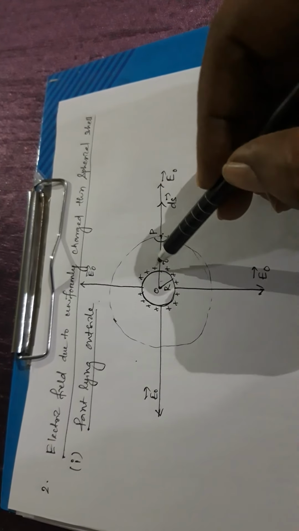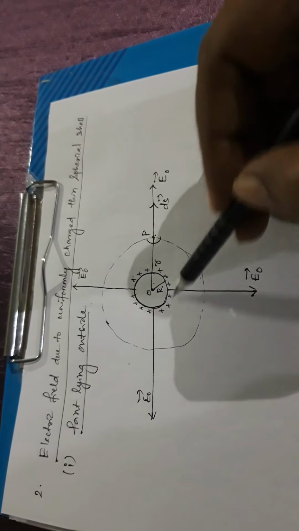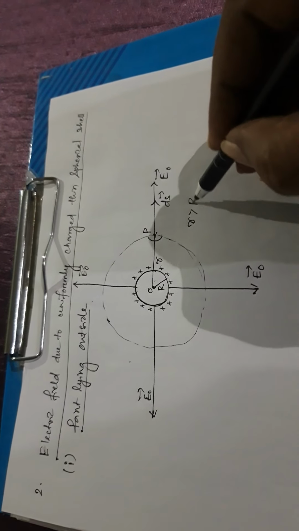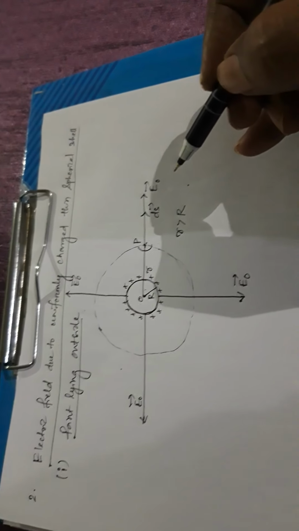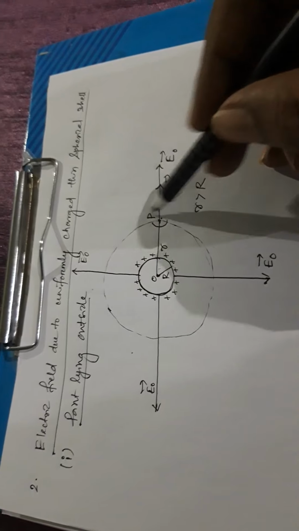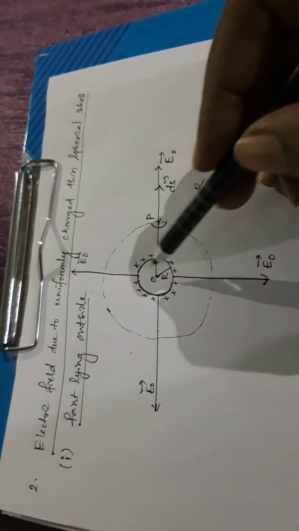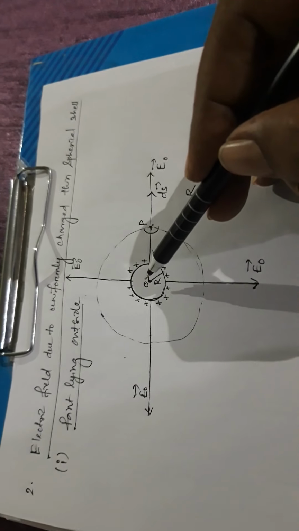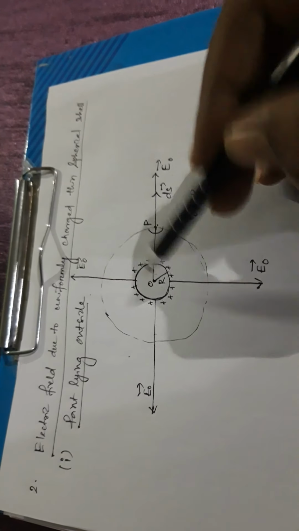As the point P is lying outside of this thin spherical cell, we can say r is greater than capital R. Clear? Now this Gaussian surface, the dotted one, and the solid one, that is your thin spherical cell, have the common center O. Clear?